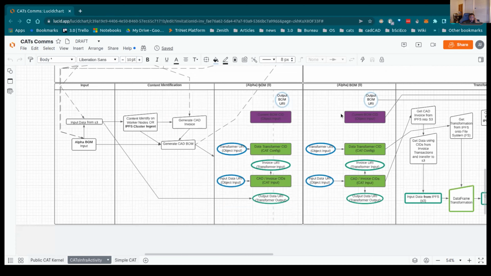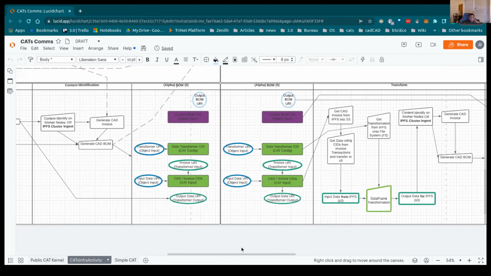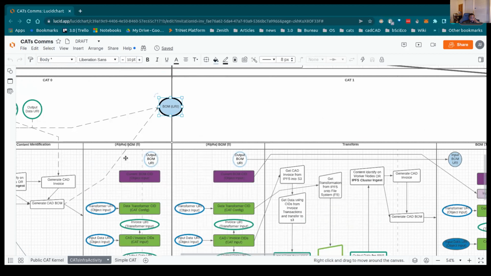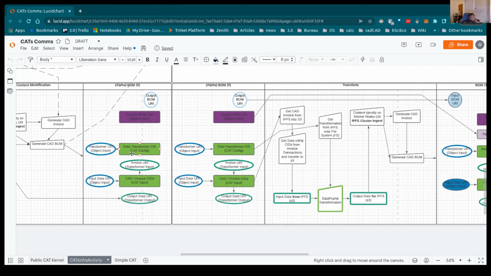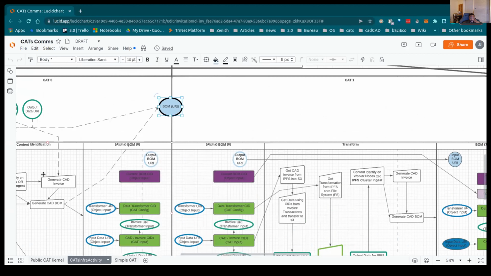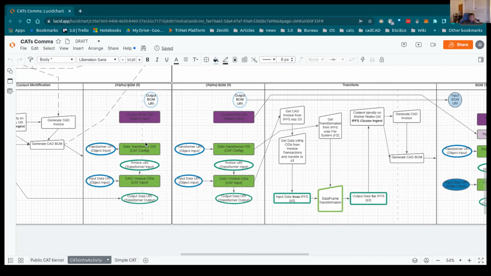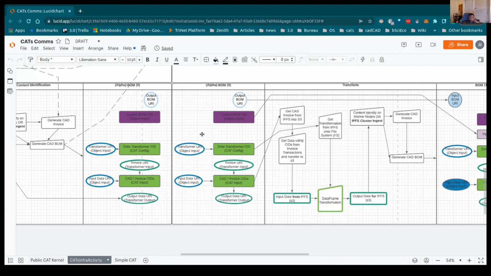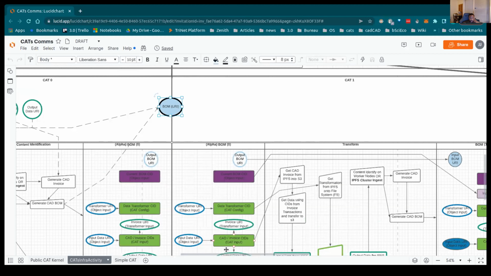So the first cat's purpose is to content identify the data set because it's not on the network and we don't have storage yet. Okay. This is an example of everything critical in the provenance record entry, or the BOM, necessary to execute a cat. In this case, it's creating input for the second one. So cat 0 produces the input for the subsequent cat.